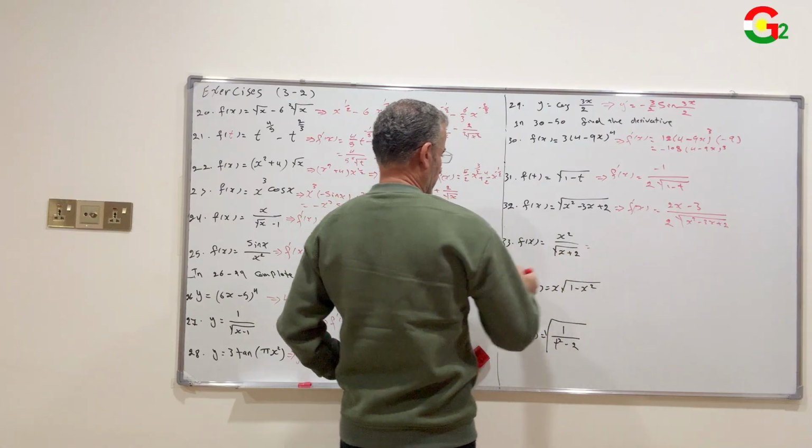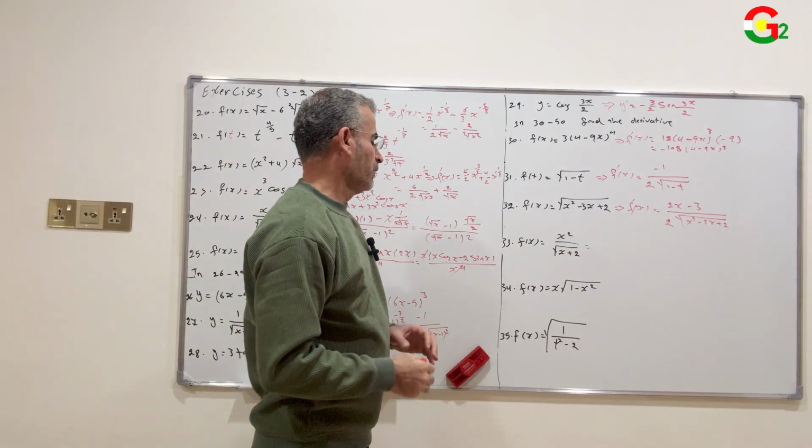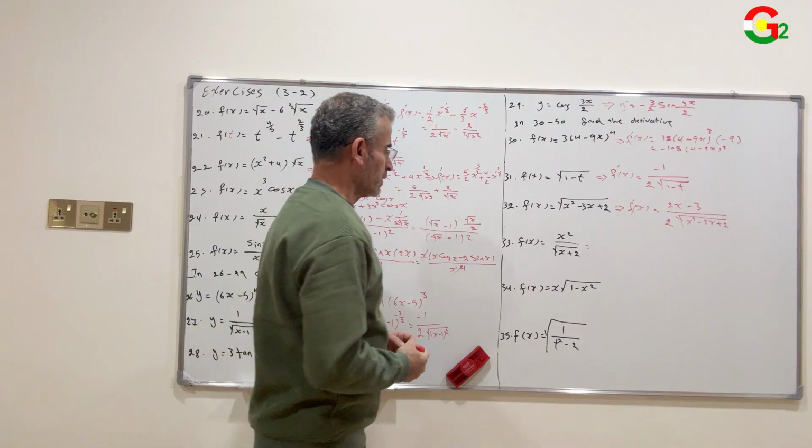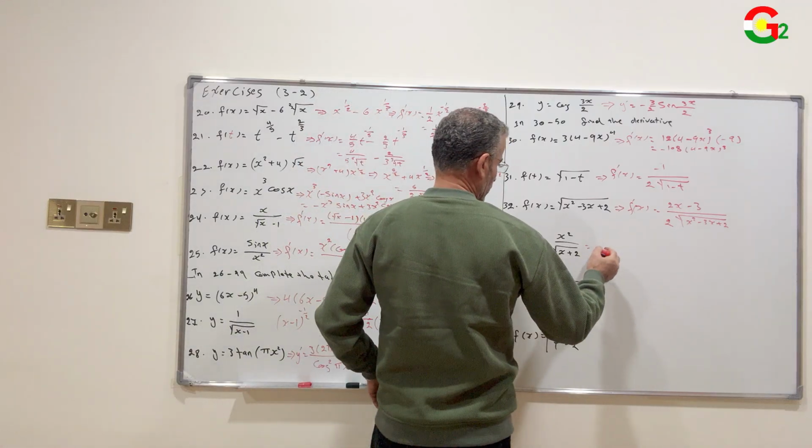Question number 33, f of x equals x power 2 over square root of x plus 2.